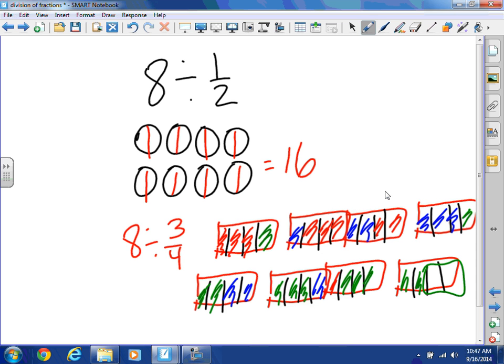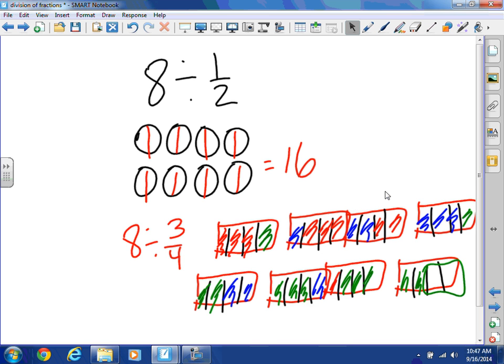So here is 1, and then it's 2, 3, 4, 5, 6, 7, 8, 9, 10, right? There's 10 groups of 3/4 with a half left over. So it would be 10 and a half.